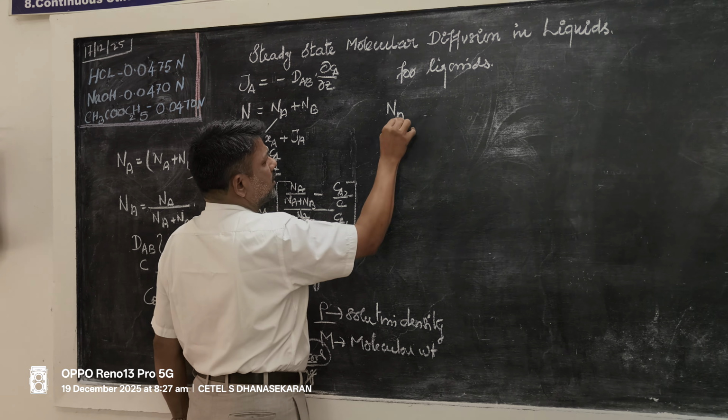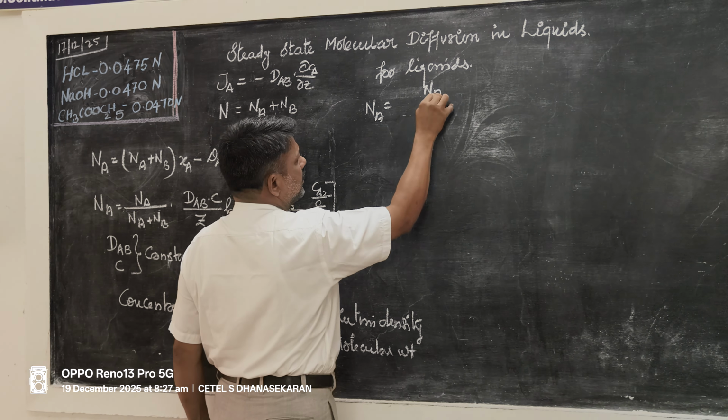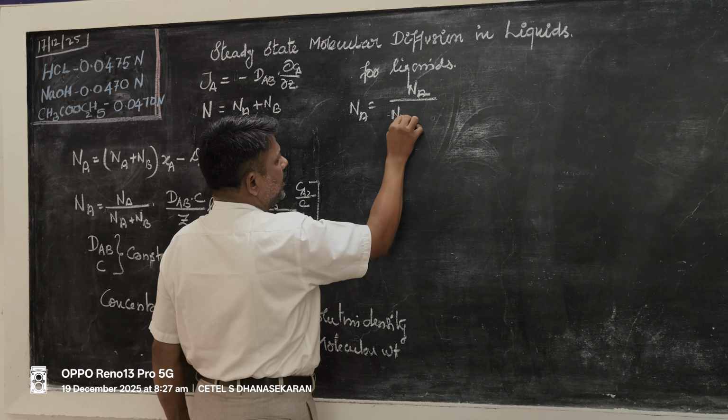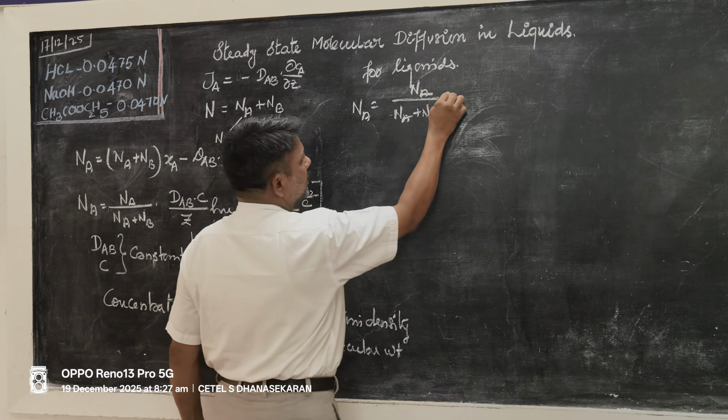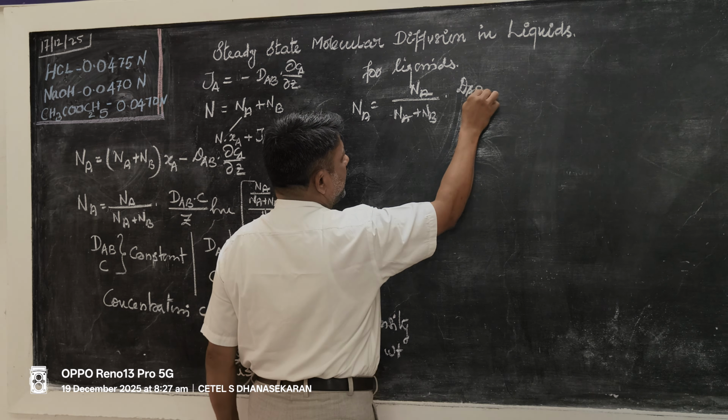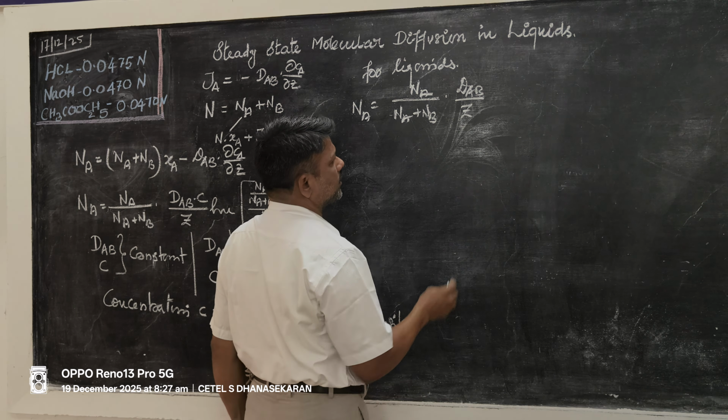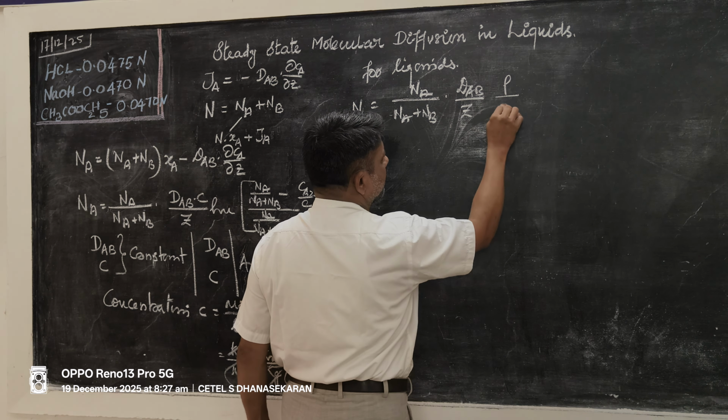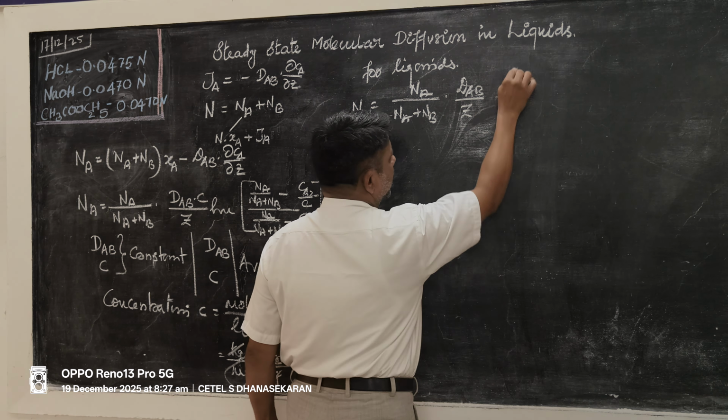So this equation becomes, for liquids, NA is equal to NA divided by (NA plus NB) into DAB divided by Z in terms of C, density divided by molecular weight, average. Clear?